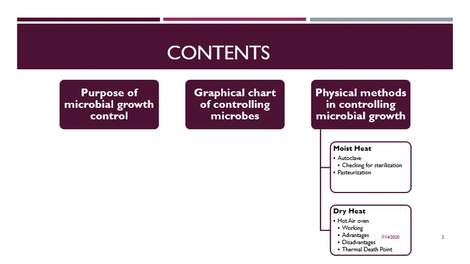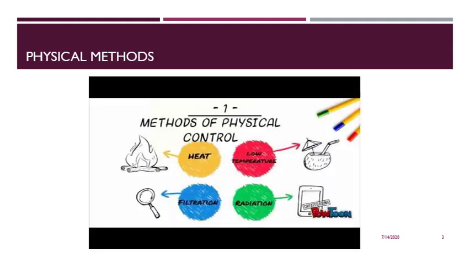Then physical methods in controlling microbial growth, in which we will discuss moist heat and dry heat, with some different techniques like autoclave and pasteurization in moist heat, and hot air oven in dry heat. So let's start today's lecture.